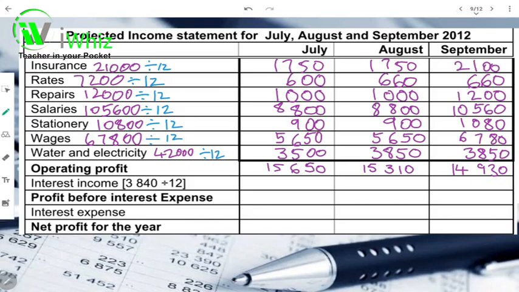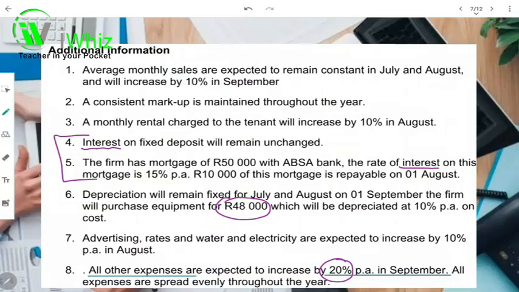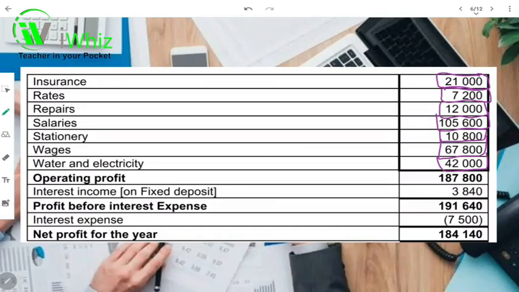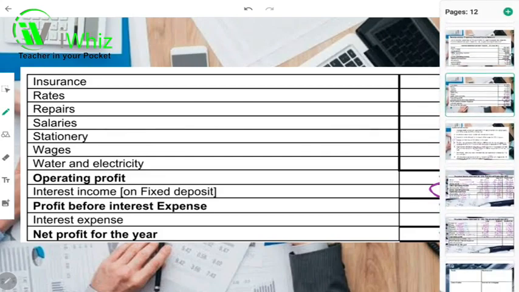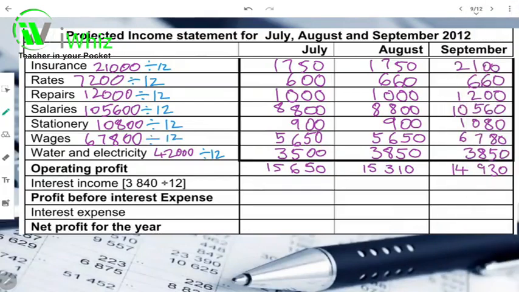So let's go to your information page. Your interest income, was it? On your fixed deposit was for the amount of 3,840 Rand. So we're going to take 3,840 Rand divided by 12.